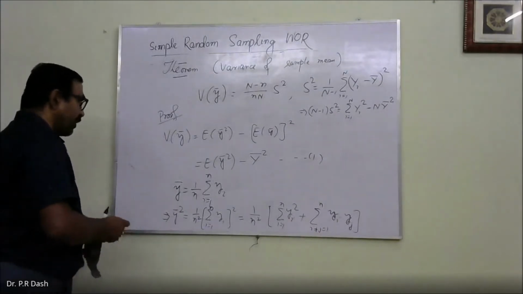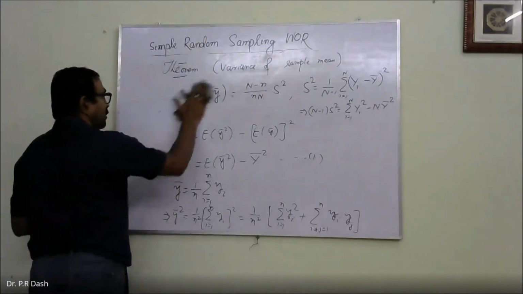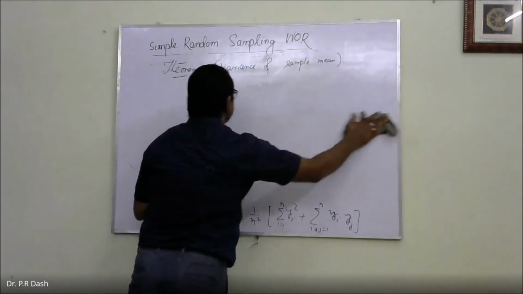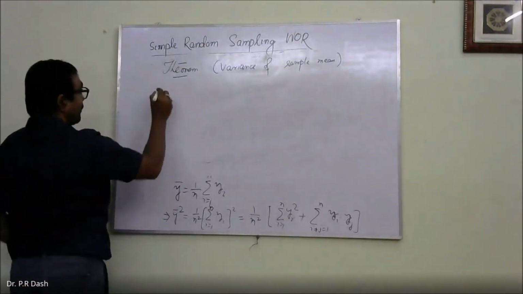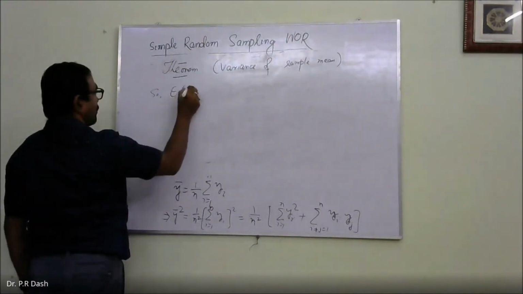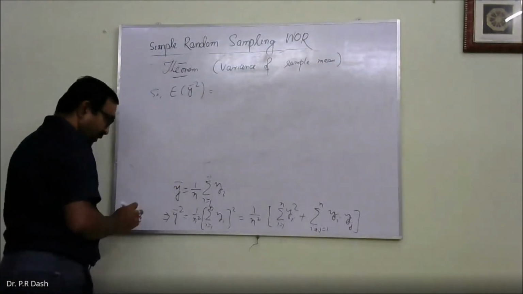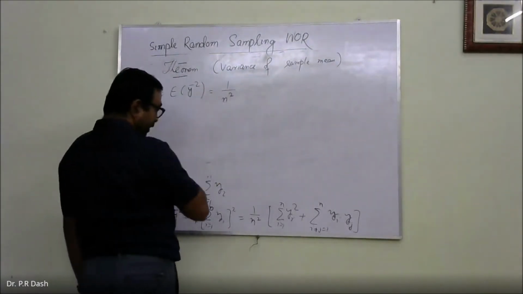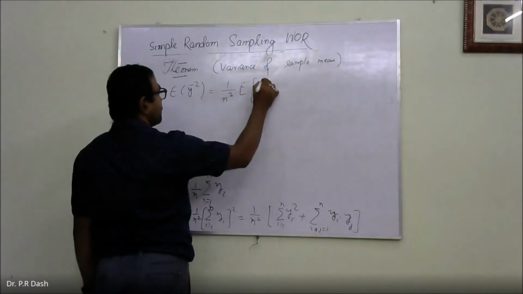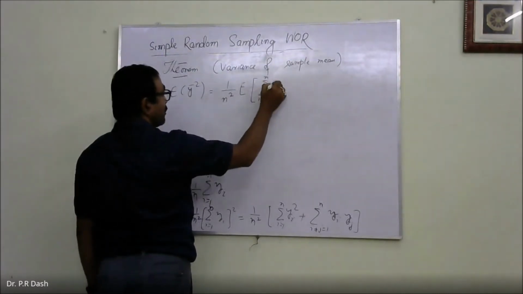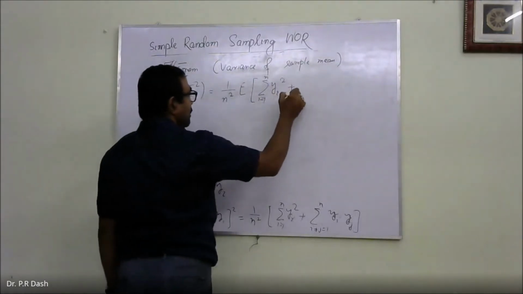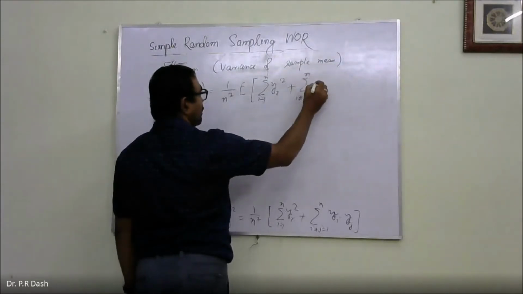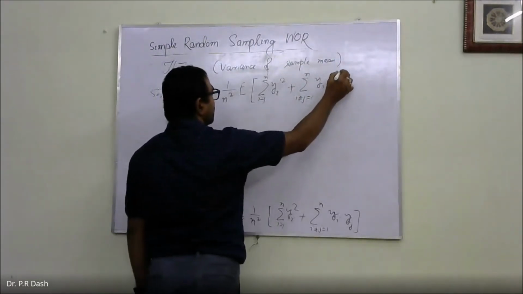So now expectation of y bar square equal to 1 by n square expectation of summation i equal to 1 to n y i square plus summation i not equal to j varying from 1 to n y i y j.